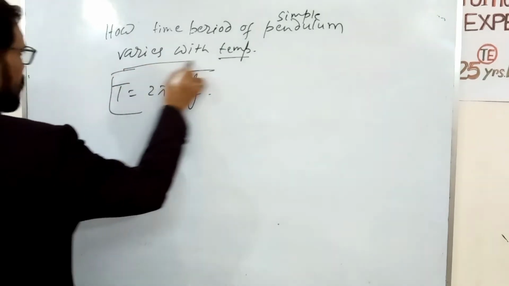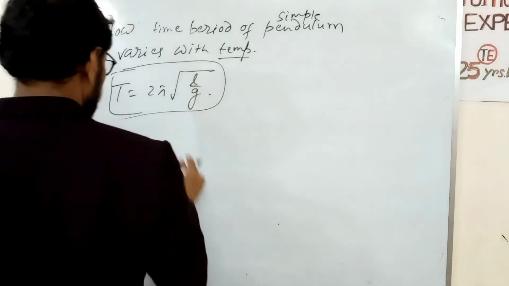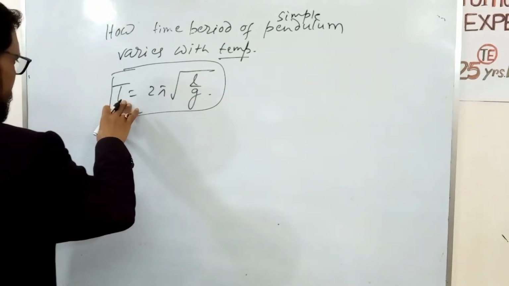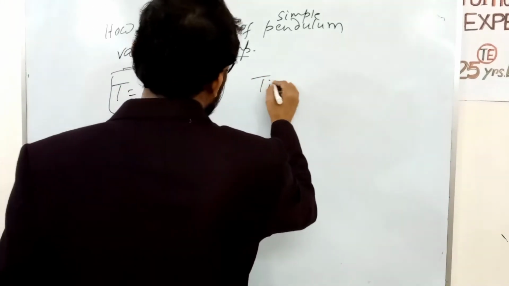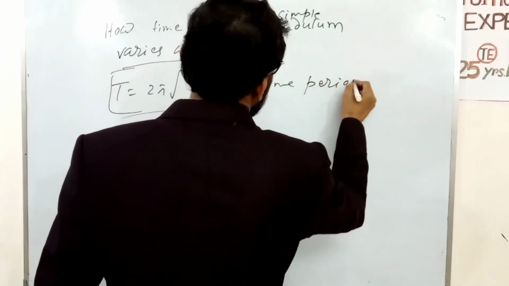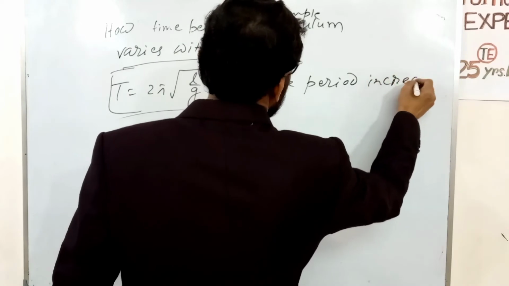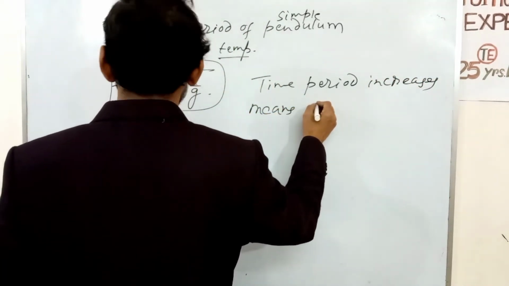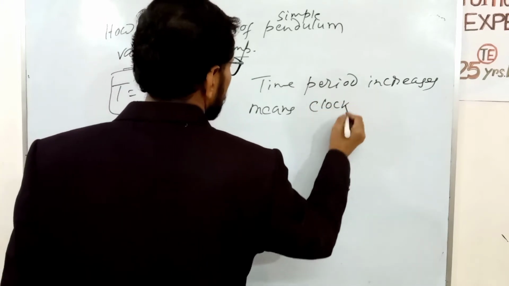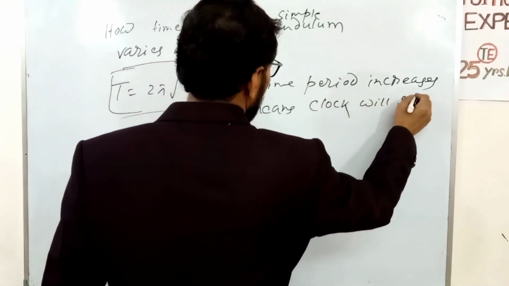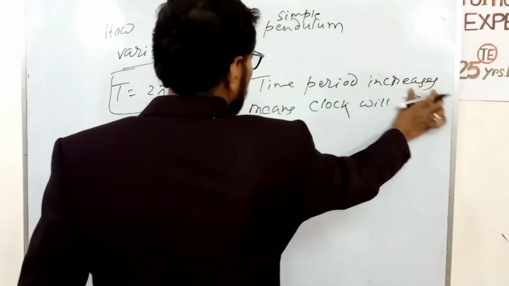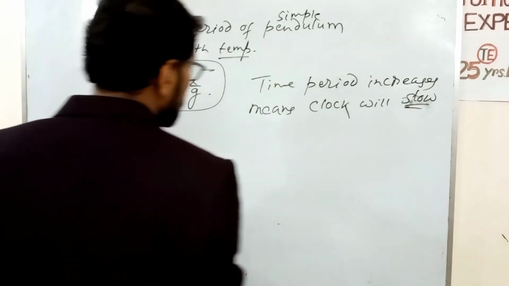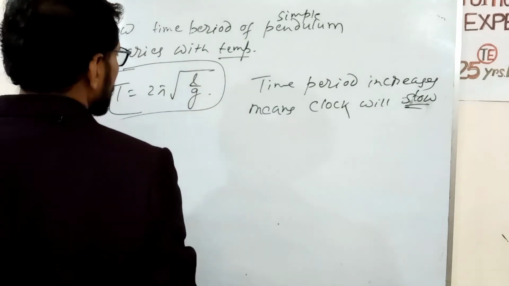This is the formula of the time period of a pendulum. As the length of the pendulum increases with temperature, the time period will increase. The time period increases means the clock will slow, because a longer time period means it will be slow.